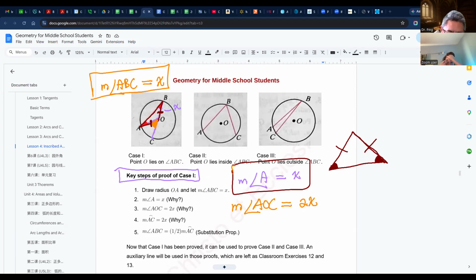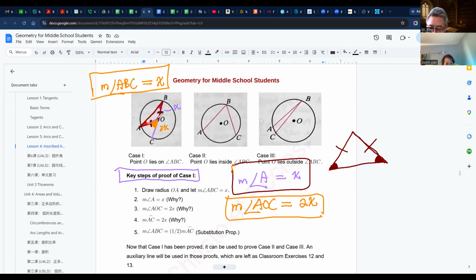Is it the exterior angle theorem? Yes, the exterior angle theorem. What does that say? That the exterior angle of the triangle is the sum of the two interior angles. Yep, very good. So that's why we got this. Good job.